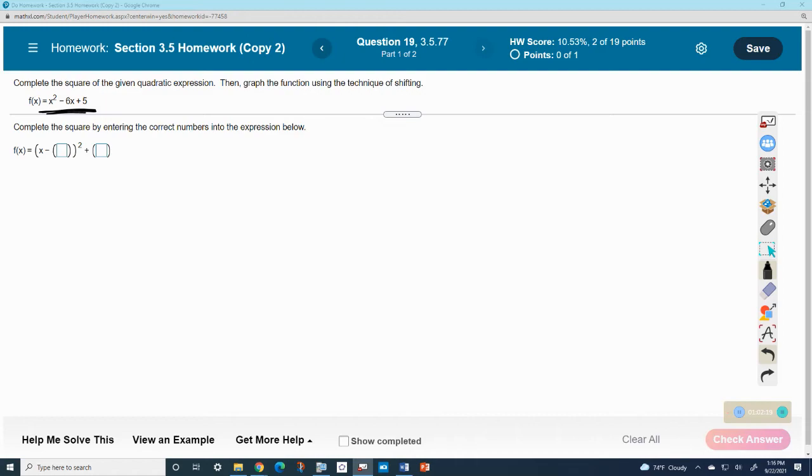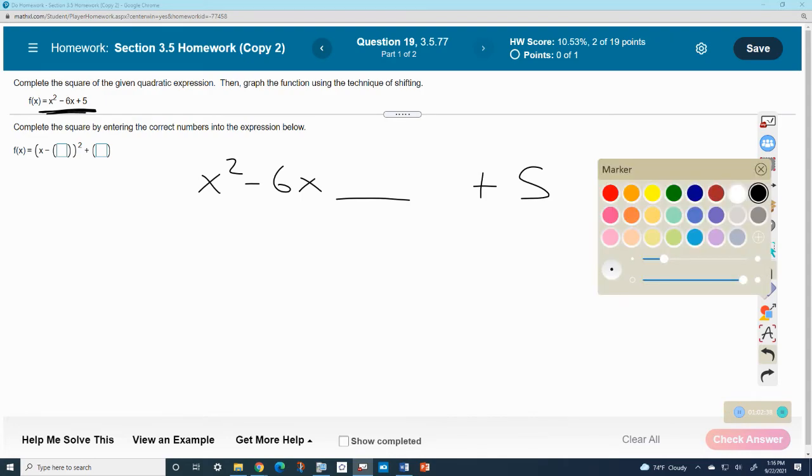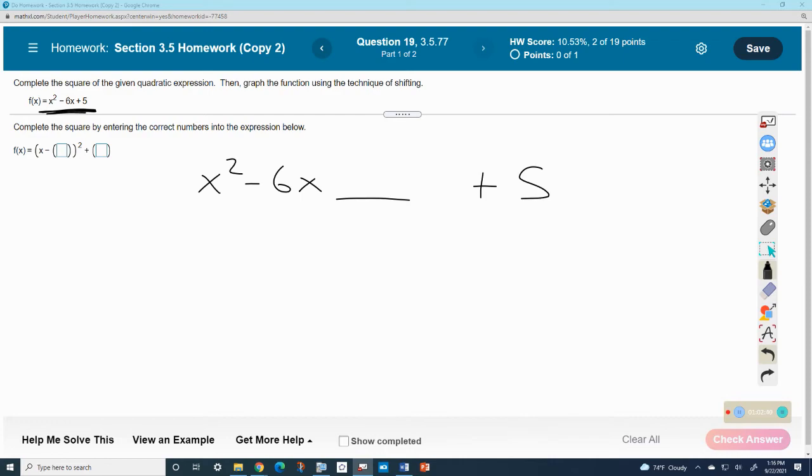So here's how we do it. We write x squared minus 6x, we leave a little space, and then write the plus 5 out to the side. Then, if we can remember how to complete the square, you take the middle number.